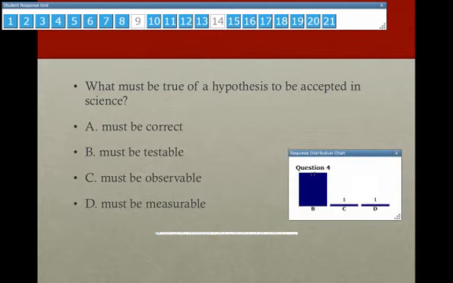Answer is B. Must be testable. Observable, yes, but that's part of your testing and measuring it. Also, well, actually, you don't need to be able to measure it. You could just make color observations or something. That's not really measurable. So, it must be testable of some sort.